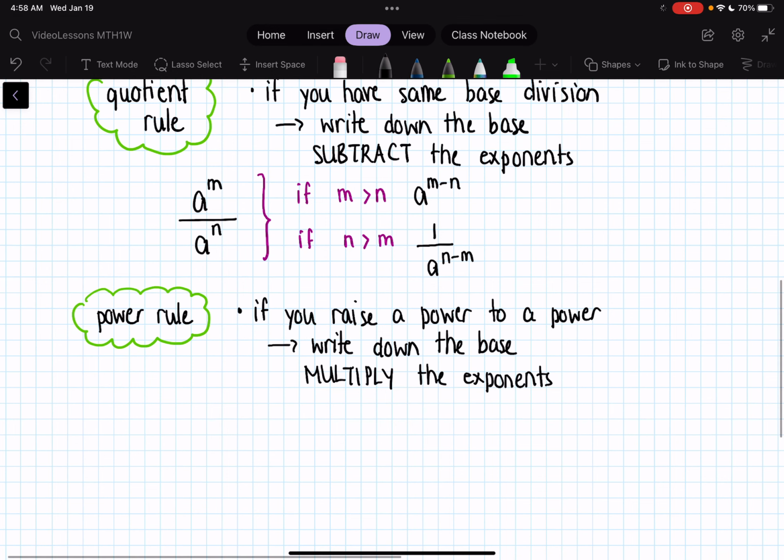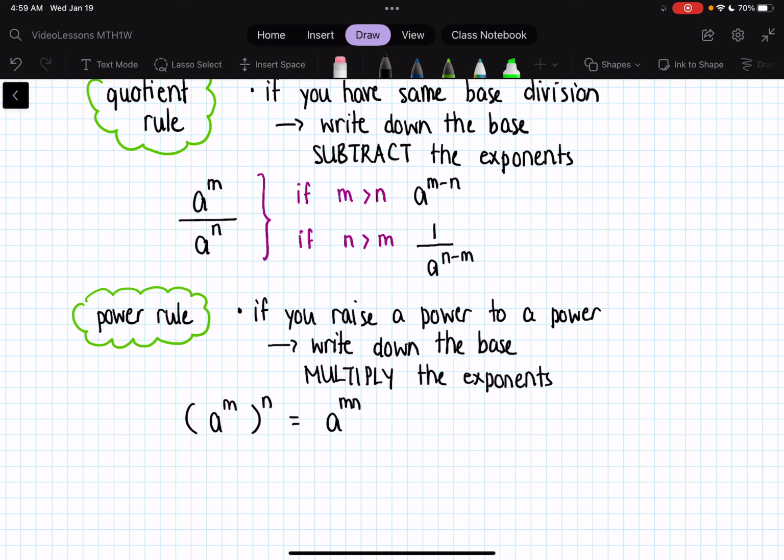So to visualize this, if we had a to the power m, and then we're raising it to another power n, then we would have a to the mn. Remember, in mathematics, when you write two variables next to each other, it means we are multiplying them.